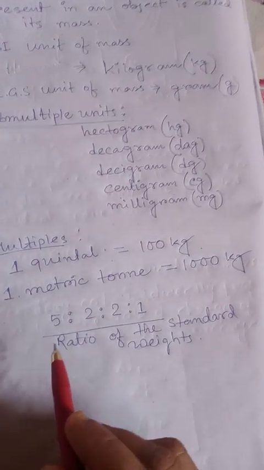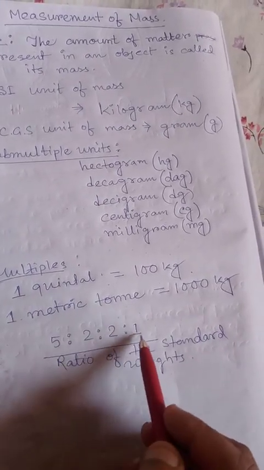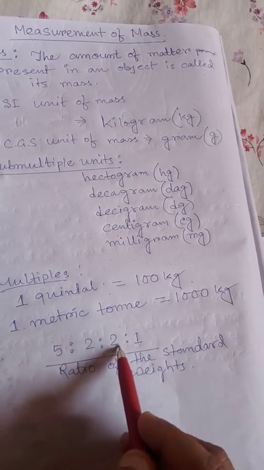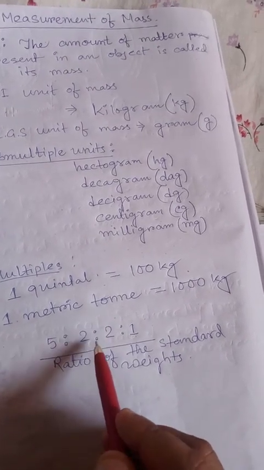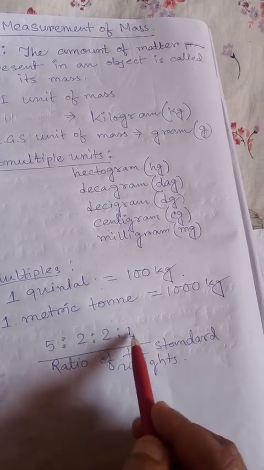If we weigh in the kilogram unit, we can measure 1 kilogram using this weight, and 2 kilogram using this weight. When we want to measure 3 kilogram, we add 2 kilogram and 1 kilogram, total 3 kilogram.